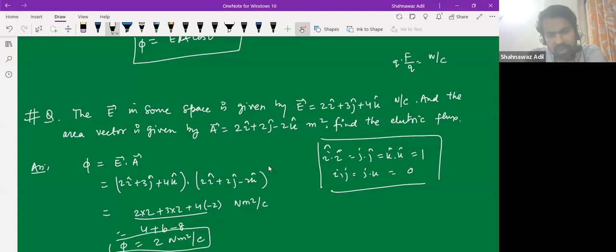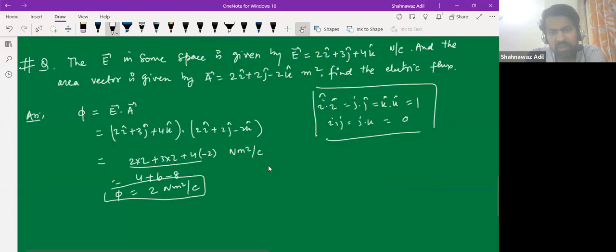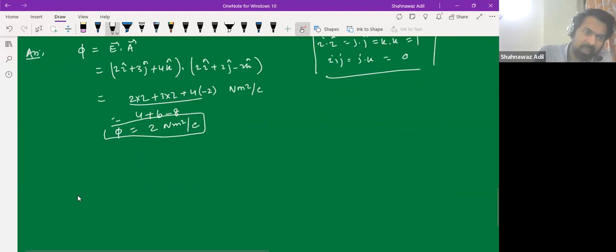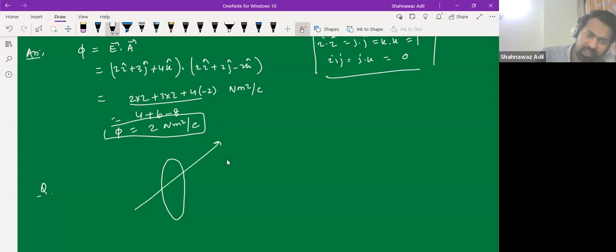So you can have a similar kind of question. In some plane, let's say the XY plane, the electric field is making an angle with this plane.